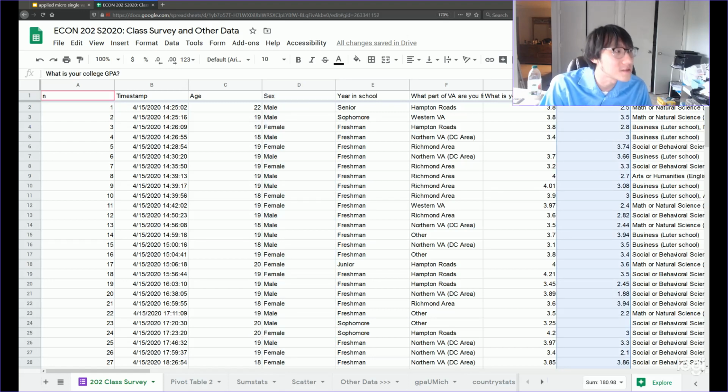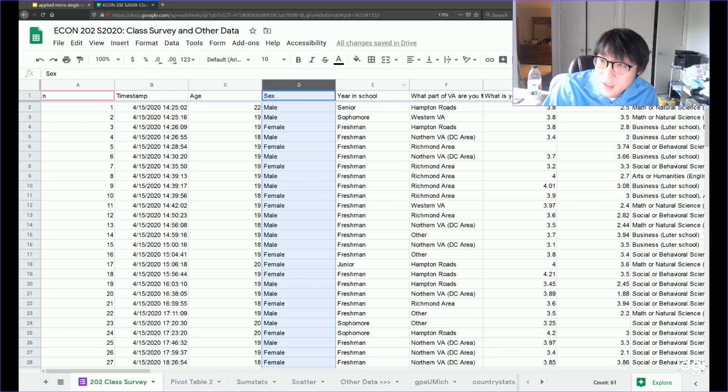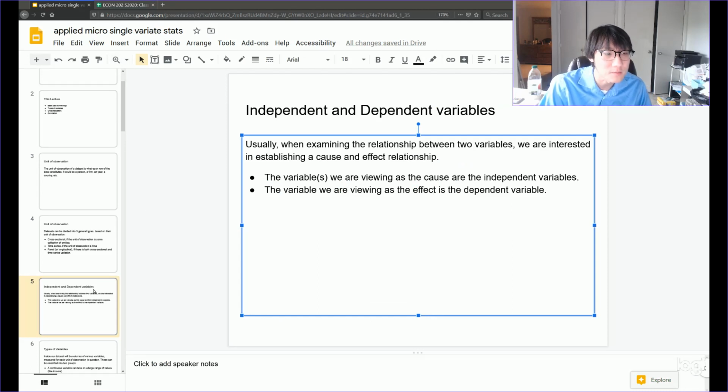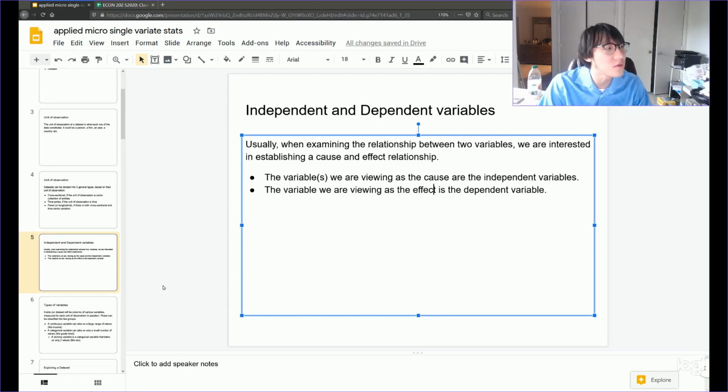Do guys in the class get better grades, or do girls in the class get better grades? In that case, you would be trying to understand the cause and effect relationship between your gender or your biological sex and your GPA. So in that situation, you would be viewing sex as the independent variable and college GPA as the dependent variable. Okay, so that's one way in which we can classify different variables within our data set.